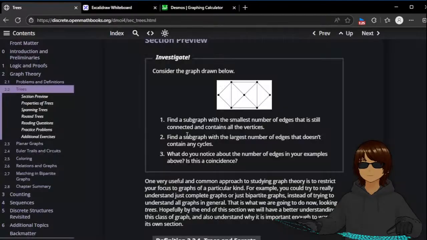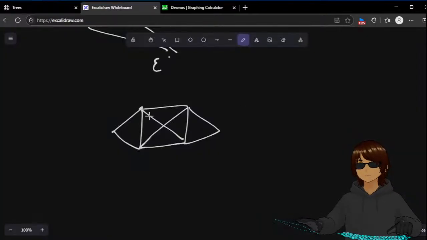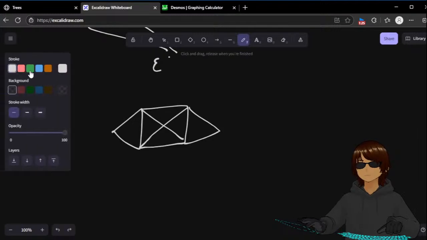Like that. So this, wait, I should use a different color. This, and this. These are the vertices.